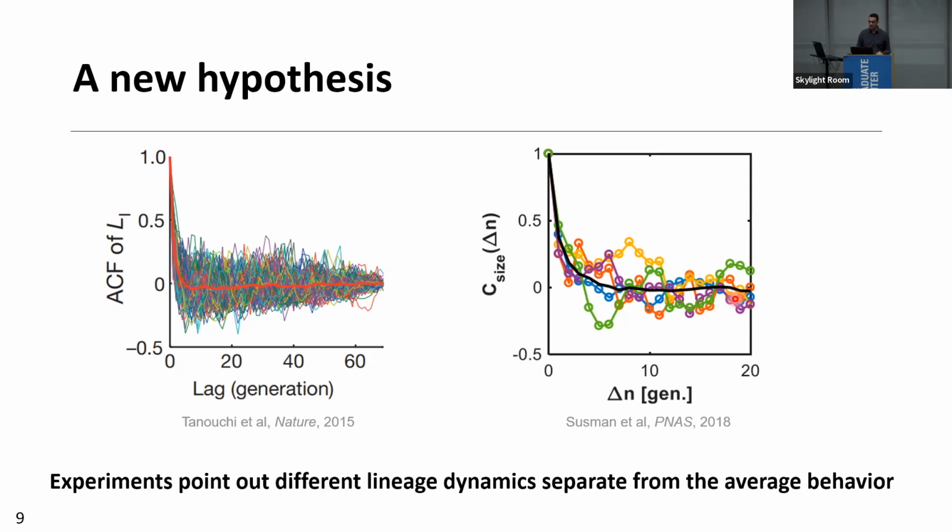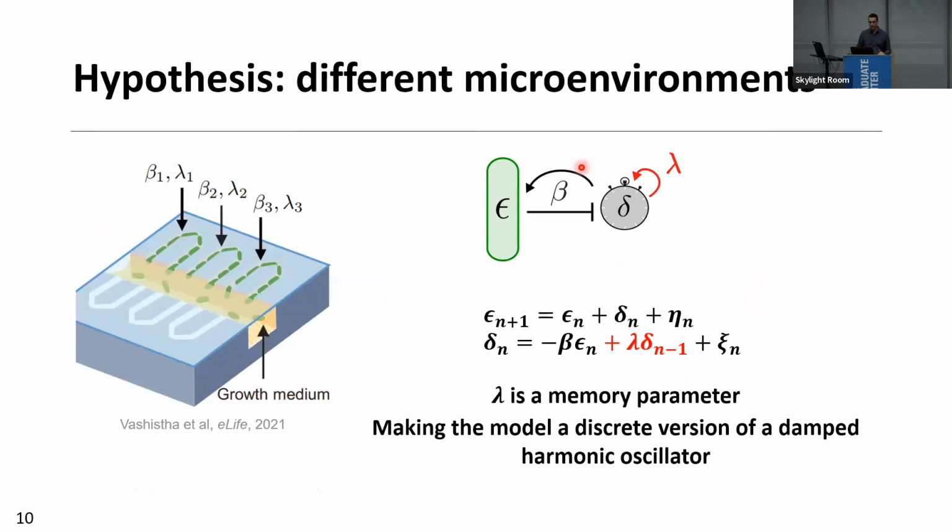So we tried to account for this behavior, and we did two things. First, our model parameters should be different for different lineages. And we added a new parameter, lambda, which tries to account for the memory we observe, which is just the feedback from the growth factor on itself.